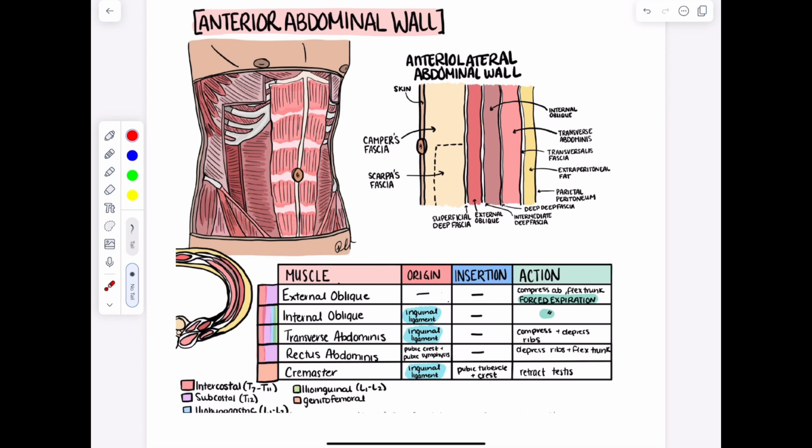So our fibers themselves, external oblique are going this way, internal oblique are going that way, transverse abdominis is going this way, and rectus abdominis are going that way. And so that's why our trunk is able to do all of those different motions that we do when we think of abdominal exercises, right? Because we have different muscle fiber directions for all the different muscles of the anterior abdominal wall.